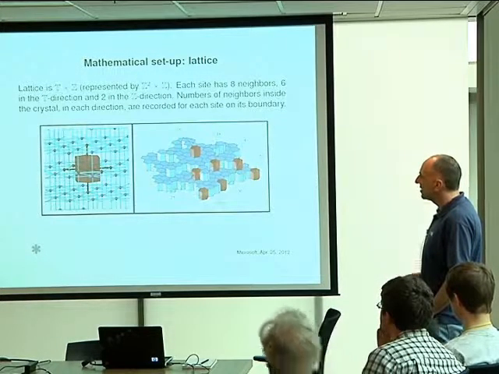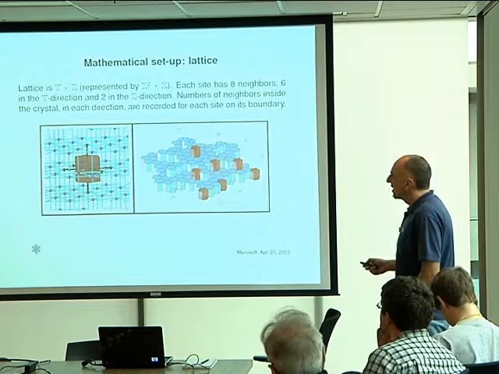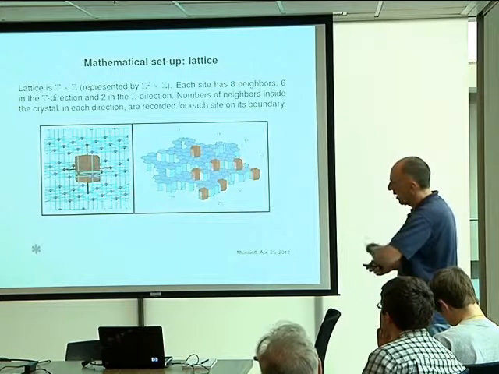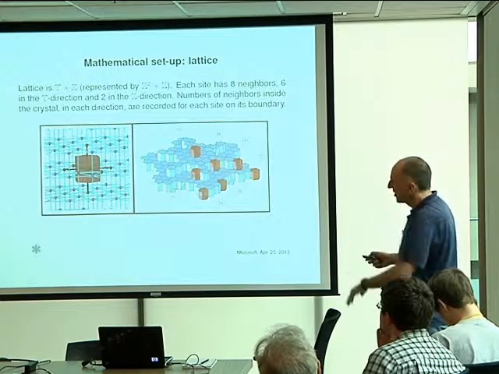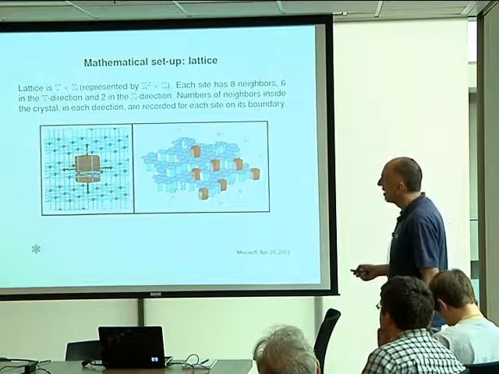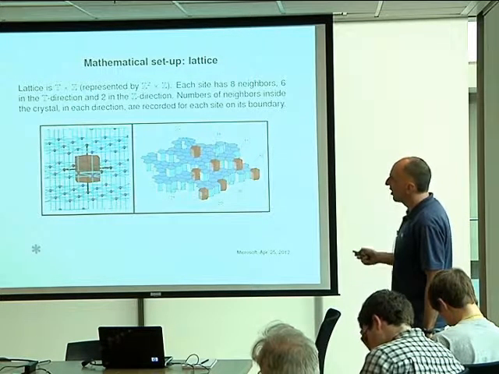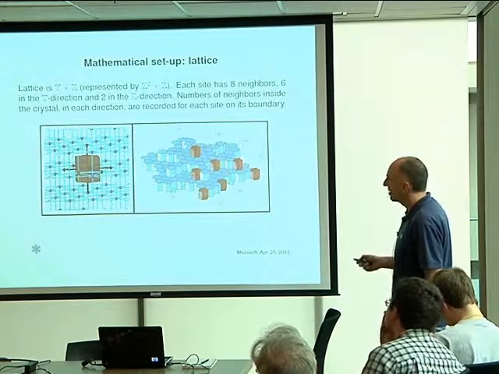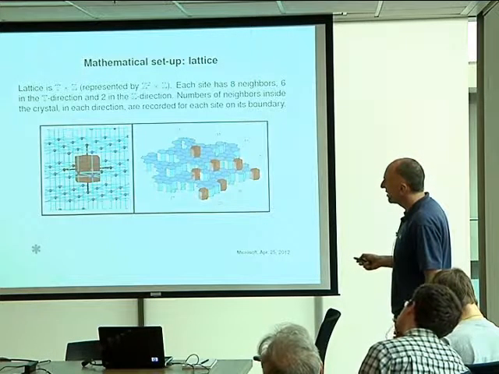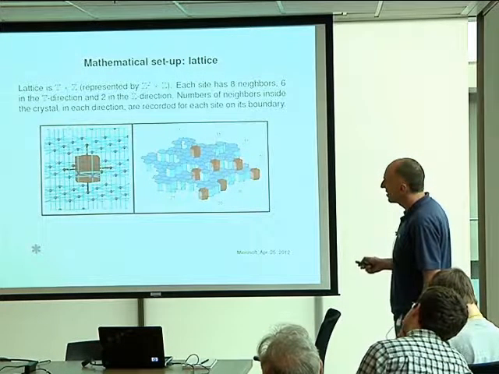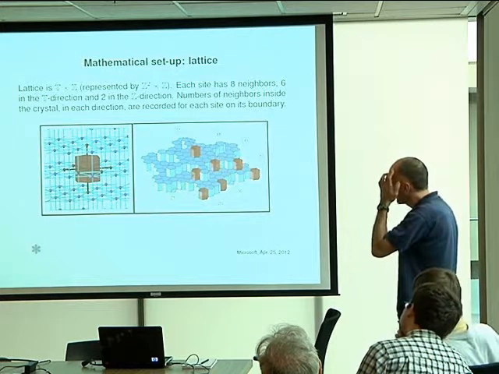It's a prism like this, and it's arranged in the two-dimensional direction in a triangular lattice, and it also has vertical neighbors like this. So every prism centered at a point there has 6 horizontal neighbors and 2 vertical neighbors.